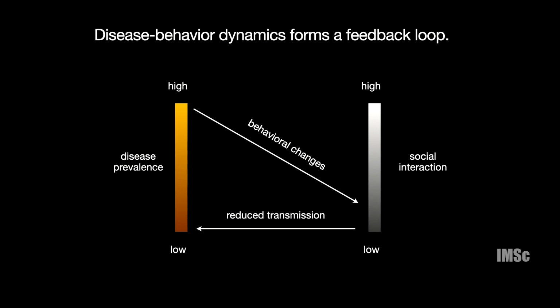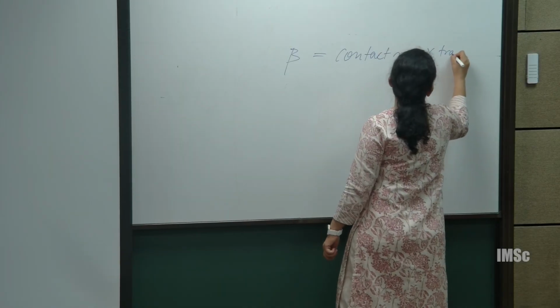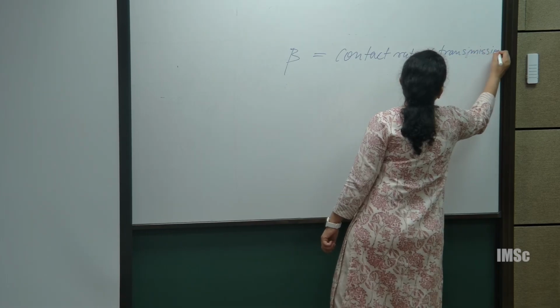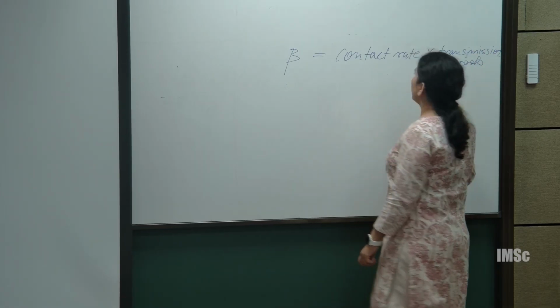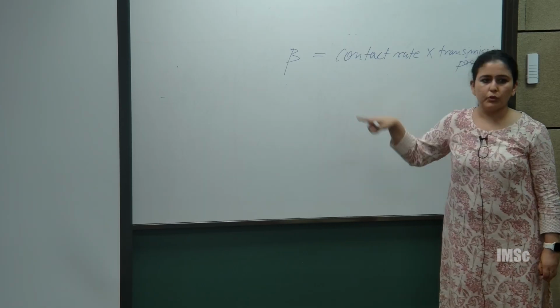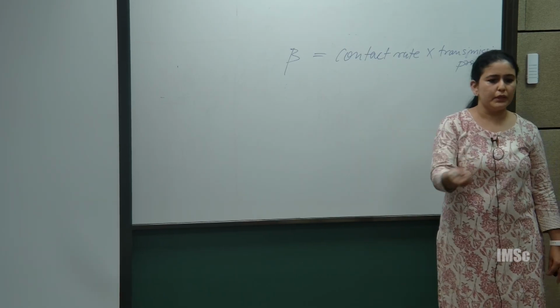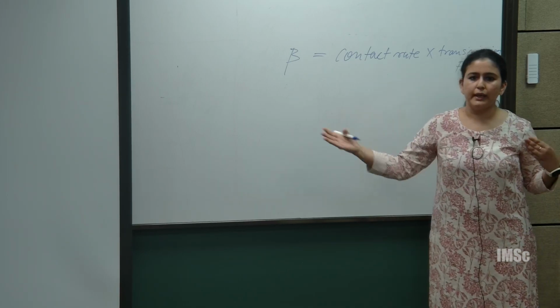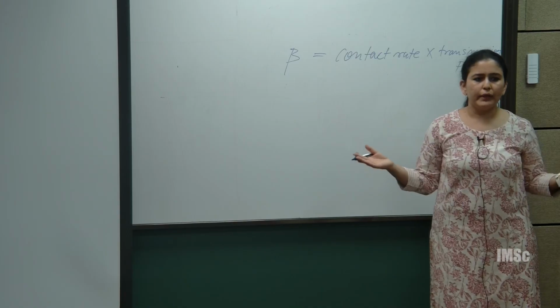As I said, the transmission rate beta was essentially the contact rate and the transmission probability. Initially I consider that everyone is meeting an equal number of people. Let's say in a scenario when the infection is low, I am meeting 20 people in a day.